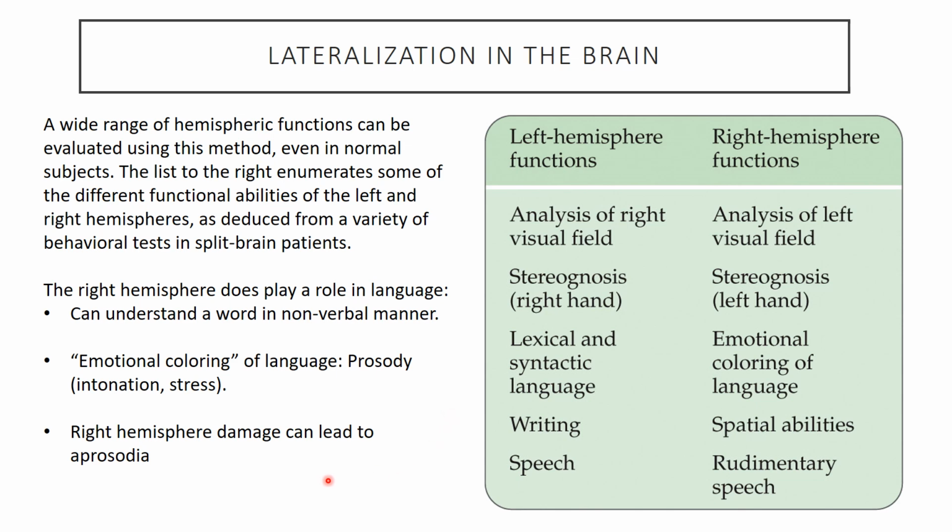Right hemisphere damage can also lead to a condition called aprosodia, where these individuals will have a hard time providing prosody to their language. They have a hard time giving inflection and stress, and not stress like, oh, I'm stressed out, but stressing and coloring the language so that it carries emotional salience.